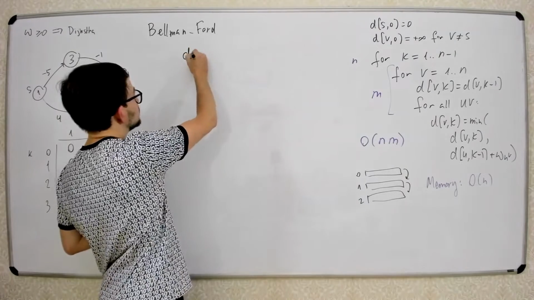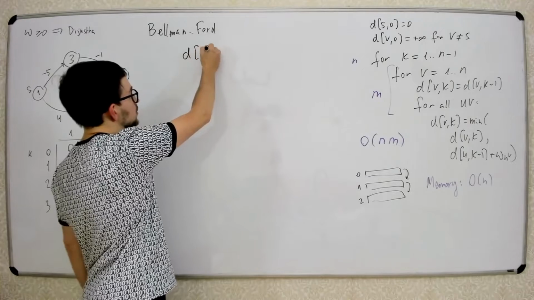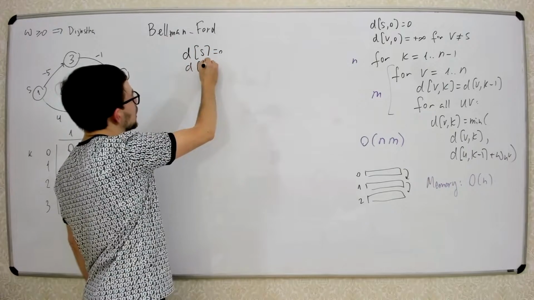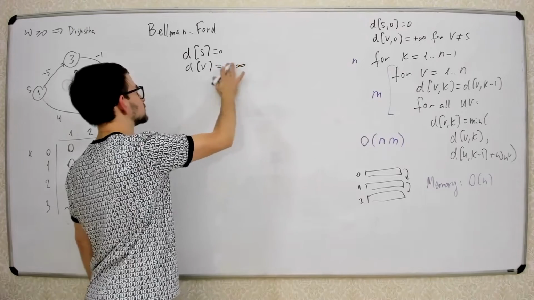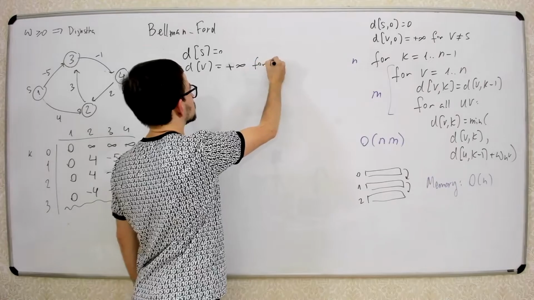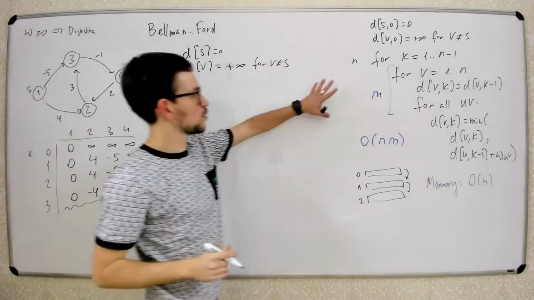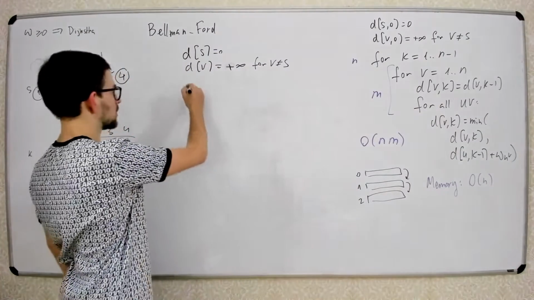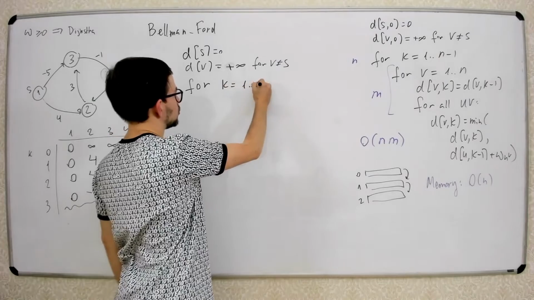So let's say array D. First, we'll say that d of s equals 0, and d of all other nodes will be plus infinity, for all nodes not equal to s. And then we'll just make this k-1 iterations, n-1 iterations.